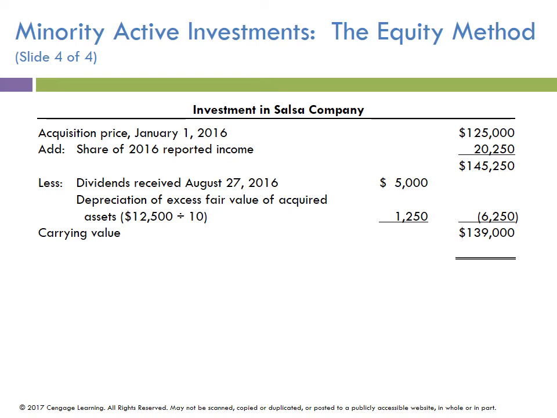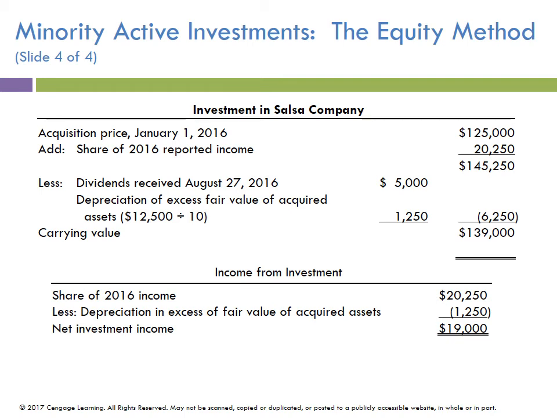So the carrying value of the investment account, what would be the balance at the end of 2016? $139,000. That's what they'll report it on the balance sheet at. And the overall net investment income that will be shown on their income statement because of their investment in CELSA will be $19,000.